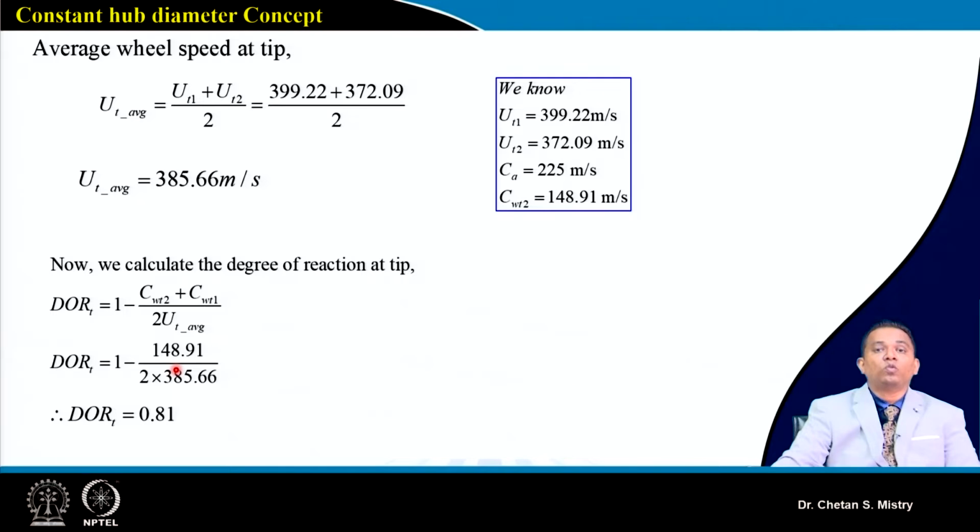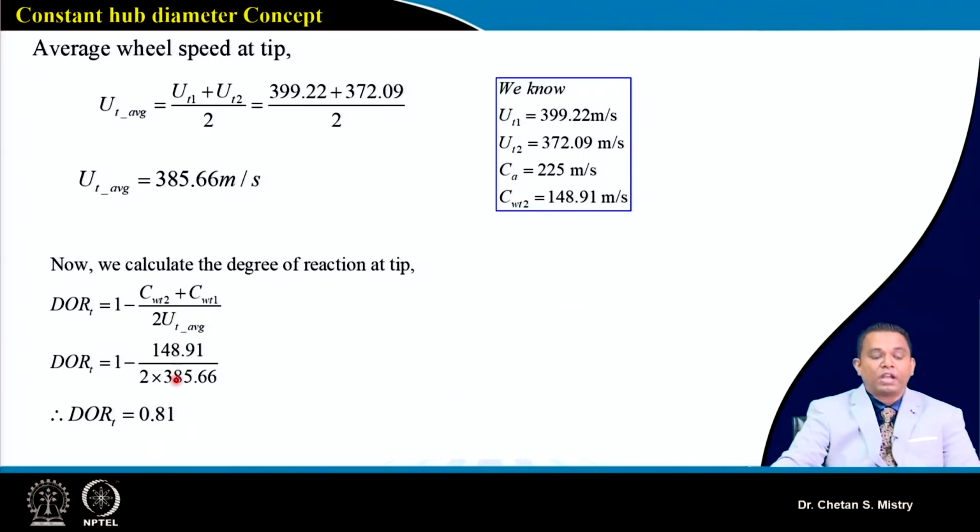Now we can do our calculation as we have done at the mid station and at the hub station. For our degree of reaction, we are looking for peripheral speed. That peripheral speed we are taking as an average peripheral speed, and that's coming 385.66 meter per second.